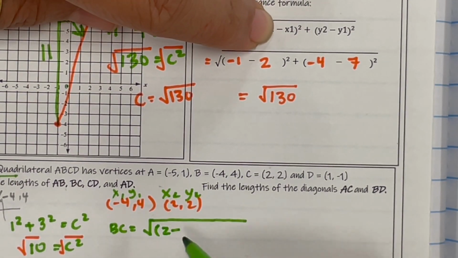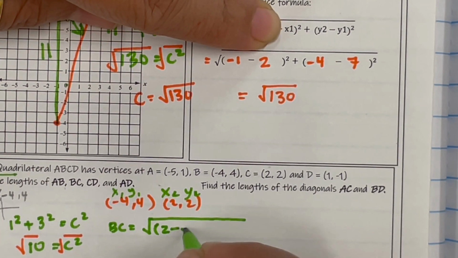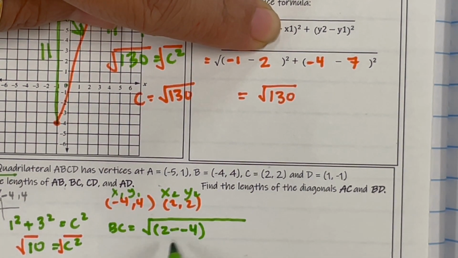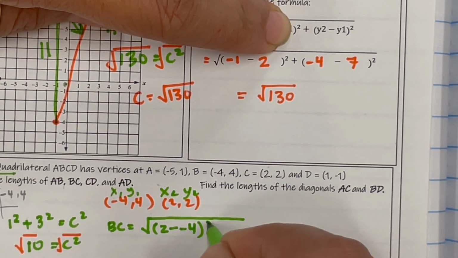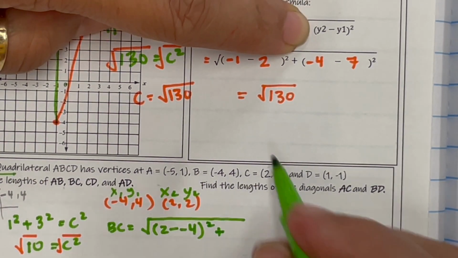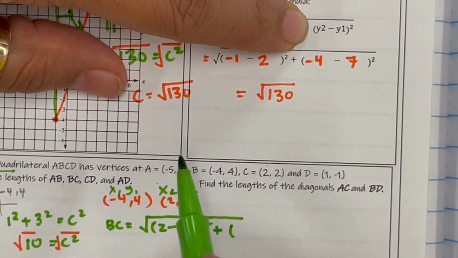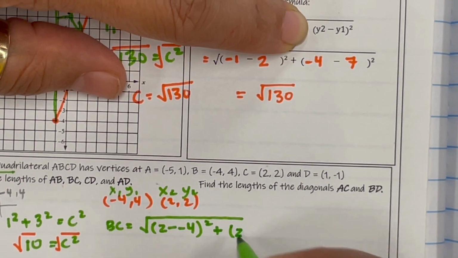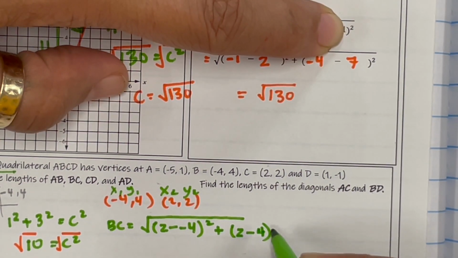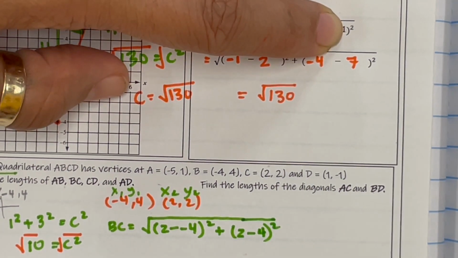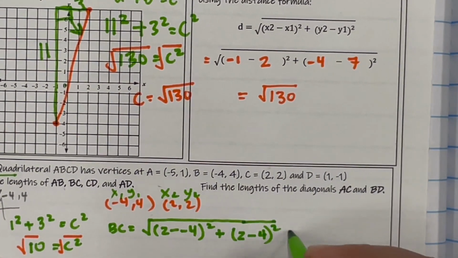Then minus x1. What's x1? -4. Make sure you don't combine those. Leave it just like that. The calculator will take care of it. Then squared plus y2. Y2 is 2 minus y1, which is 4 squared. And you're going to put that whole thing in the calculator.